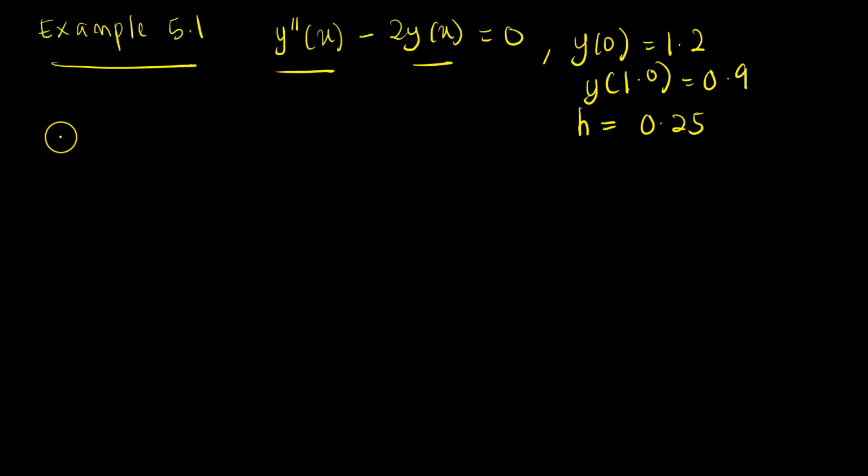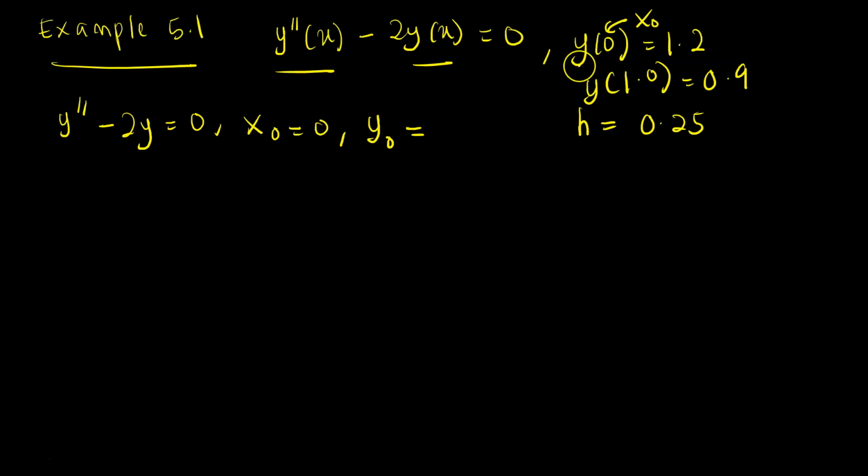For step number 1, in this case we have y'' - 2y = 0. Based on this, x0 equal to 0 and y0 equal to 1.2. And then class, the last point for this example is 1, where the boundary value is given as 0.9.